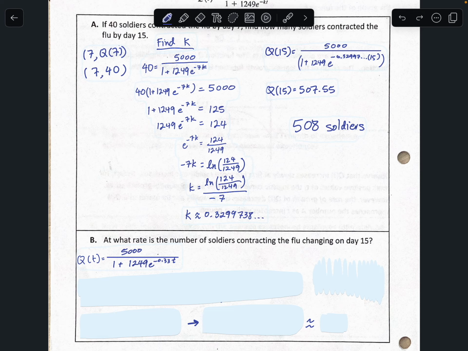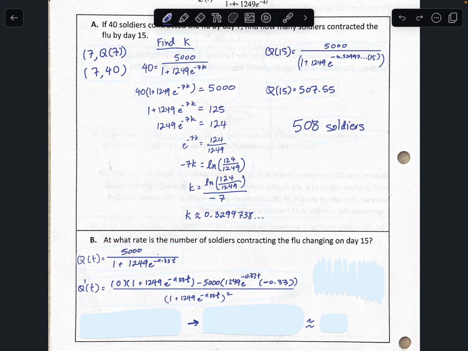You can choose to round it to negative 0.33 or take that entire decimal with your calculator function, and I'll take either one. There will probably be a margin of error when you're taking the test. Essentially, you're going to do the quotient rule here, and when you perform it, that is what you should get.